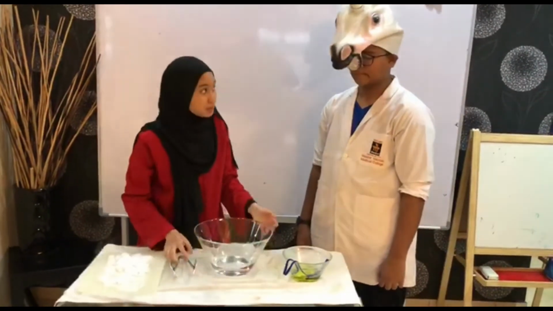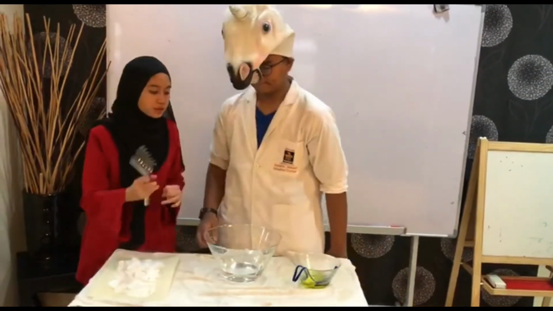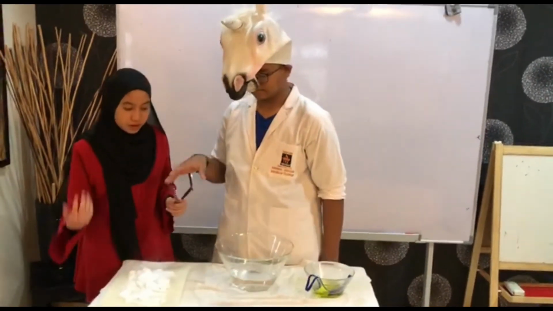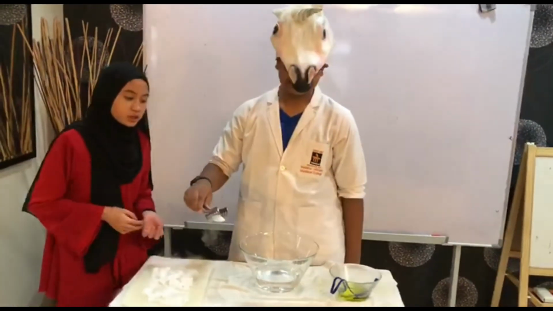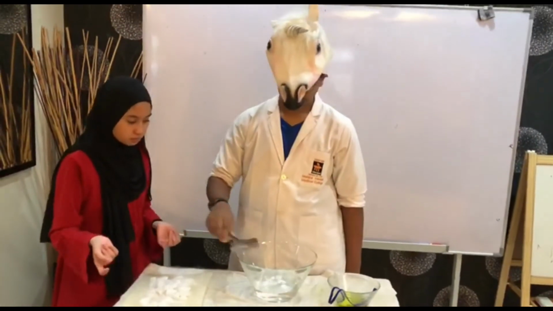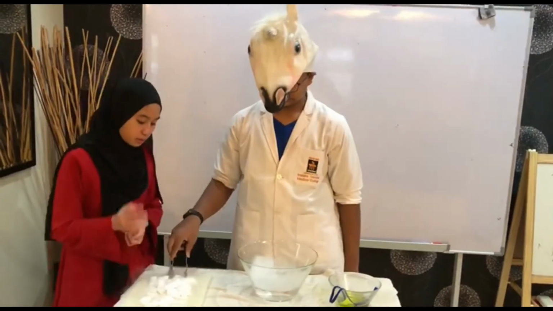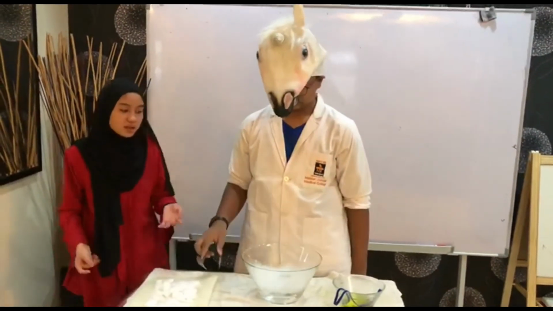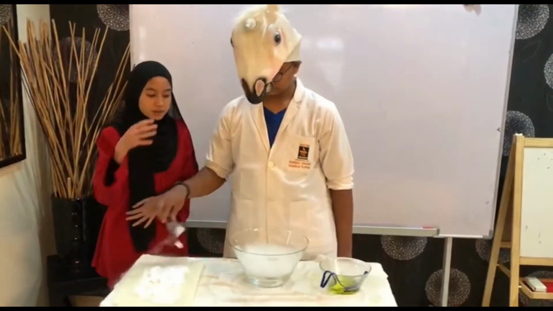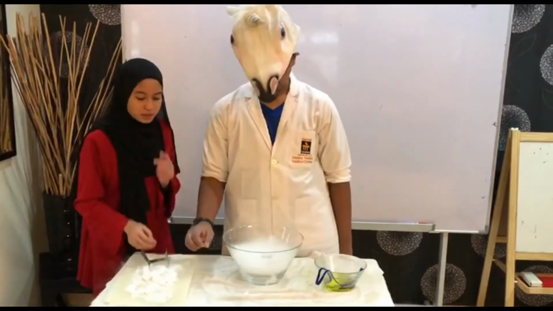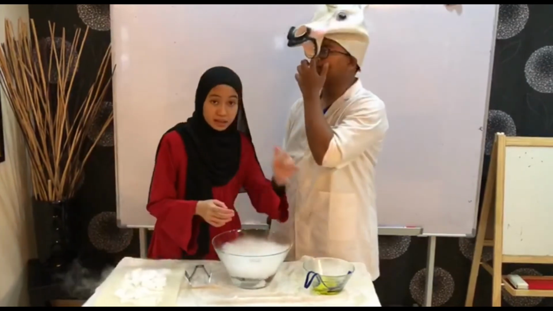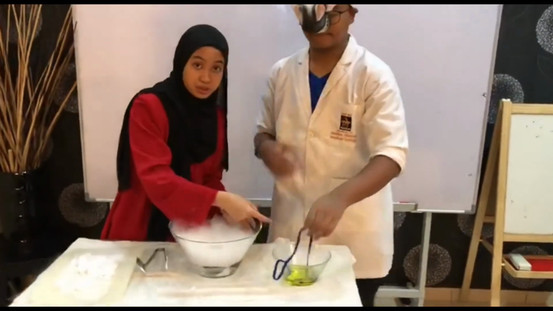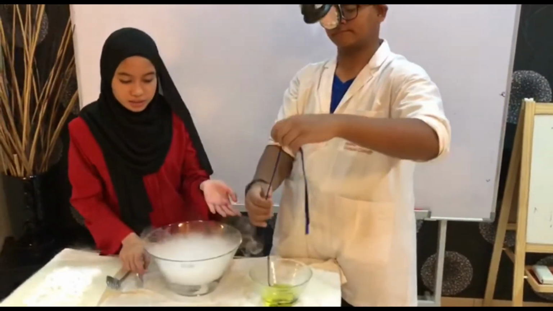Okay, so the first step is you're gonna fill the glass container with tap water, this much. Then Shafi, can you help me? I'm gonna need you to put some dry ice into the glass container. You don't need to put much, around 2 pieces of dry ice. And after you put in a small amount of dry ice into the glass container, you're gonna take this and dip it into detergent like this.